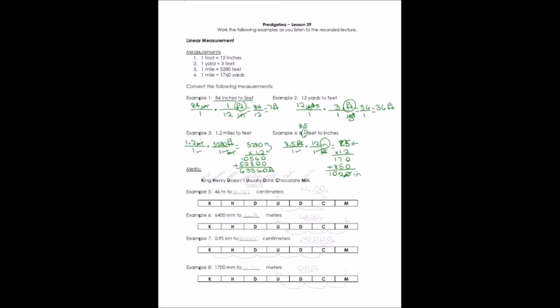Now what does the K stand for, as you can see, we're going to stand for the metric measurements, kilo. H is hecto. D, this first D is deca, D-E-K-A. U, well, those are special. Those are units.